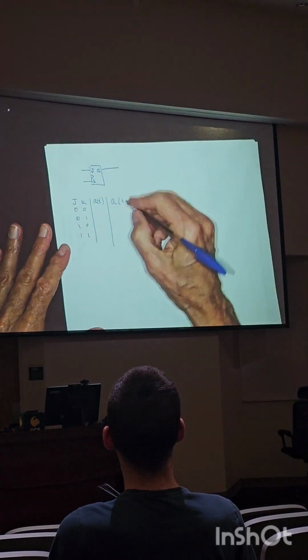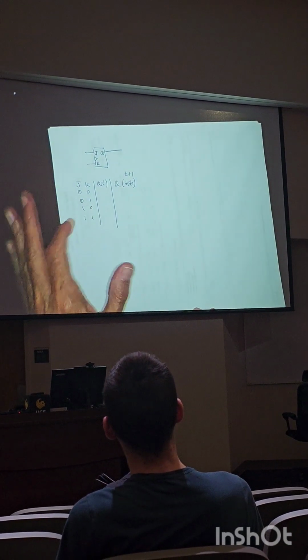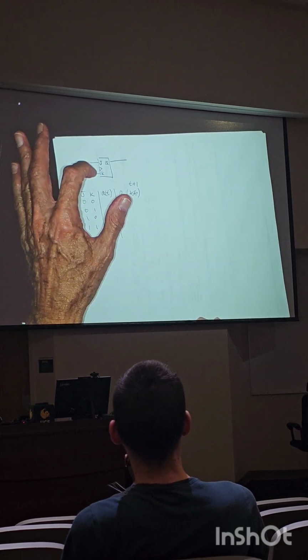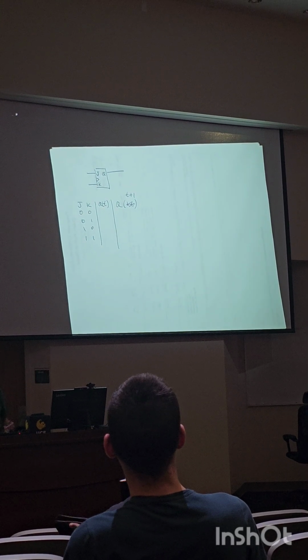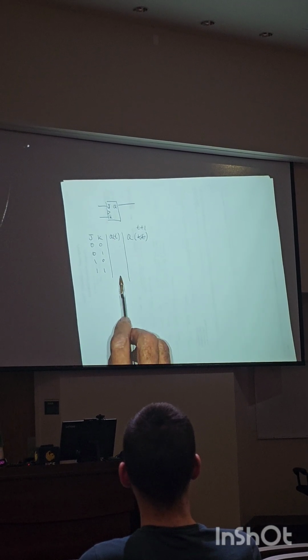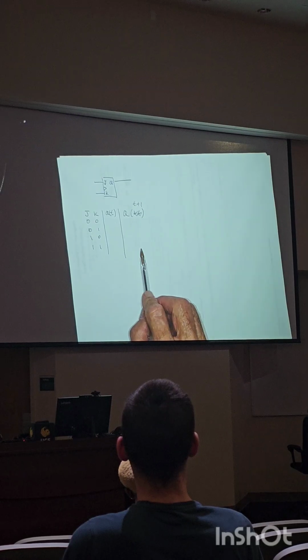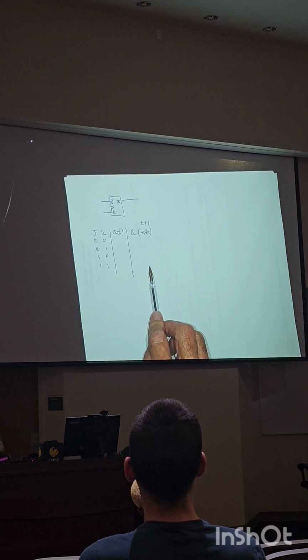We would like to know what the value is once we send a clock tick. Every time we send a clock tick, we're one time unit ahead. So this is q at time t, one clock tick, and this is q t plus 1. Are you with me? Yes or no?